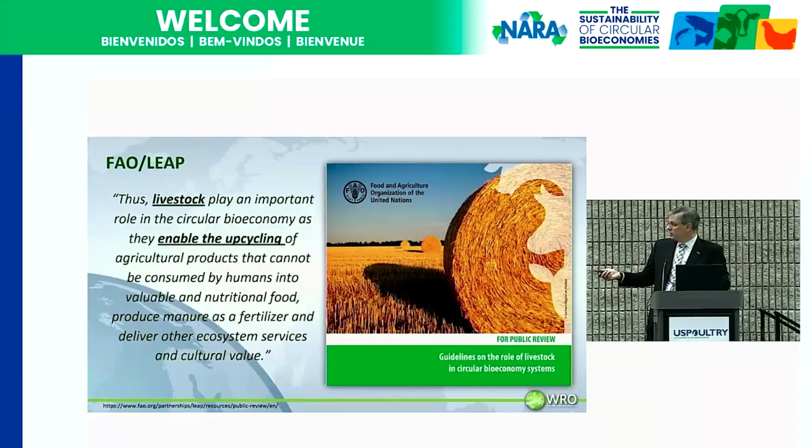When you read the public review that they gave us to review, we read every letter. "Livestock play an important role in the circular bioeconomy as they enable the upcycling of agricultural products that cannot be consumed by humans into valuable nutritional food."